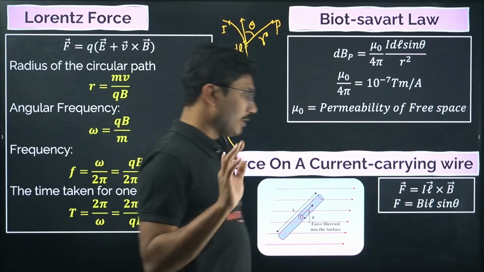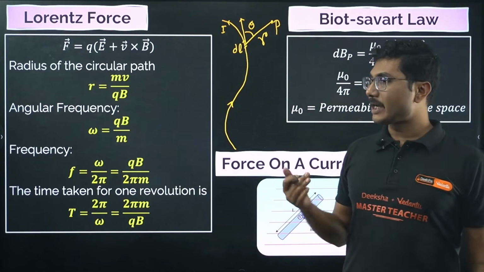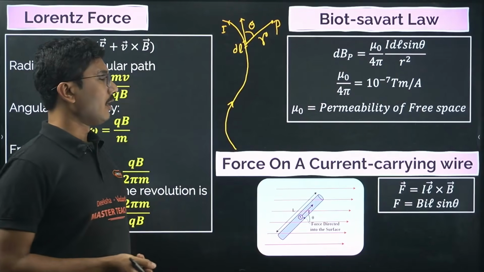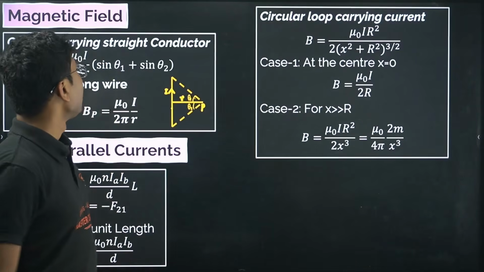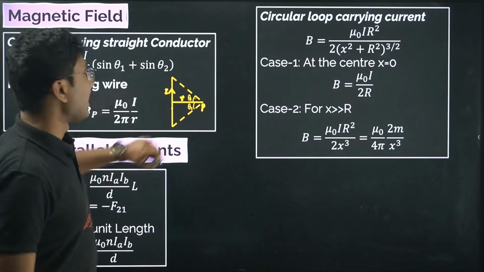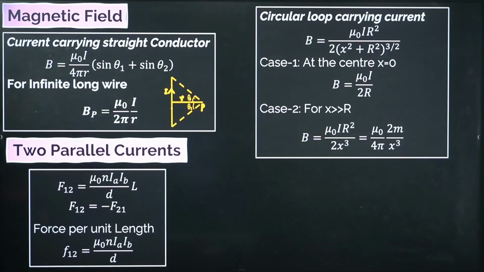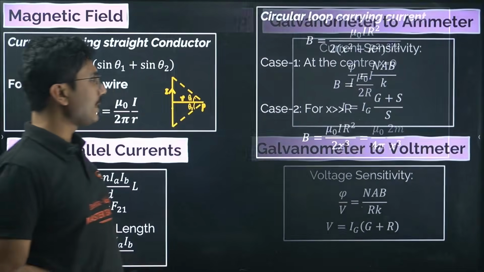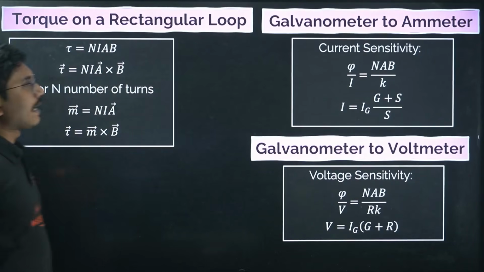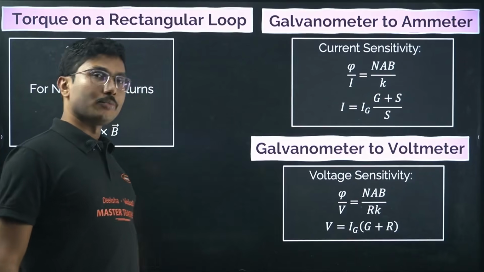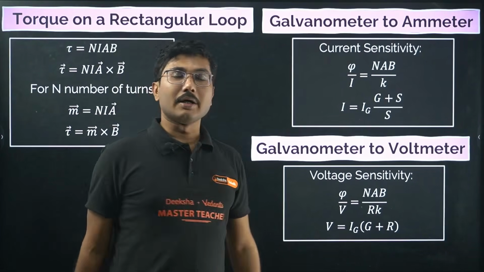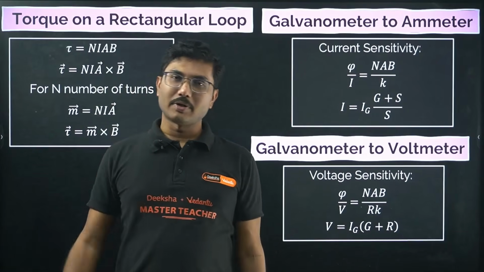So if you want to remember this, or you want to revise this chapter quickly, you can go through the formula sheet and everything will come to your mind quickly. Next, magnetic field, two parallel currents, current loop carrying current, current carrying straight conductor. So everything is again on the same page. And last is torque acting on a rectangular loop, galvanometer to ammeter, galvanometer to voltmeter. Okay, so all formulas at one place, and any required formula you can use from this sheet.